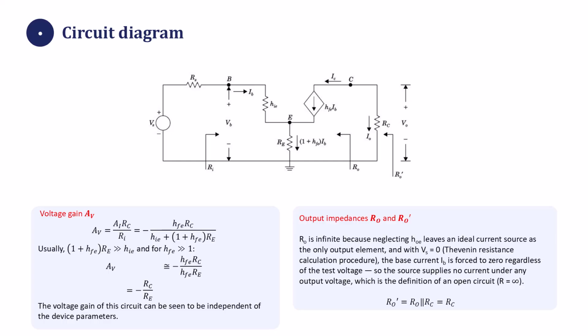In most practical designs, the quantity 1 plus HFE times RE is far larger than HIE, and HFE itself is much greater than 1. Under these conditions, the expression simplifies neatly. AV approximately equals negative HFE RC over HFE RE, and the HFE terms cancel, leaving AV equals negative RC over RE.